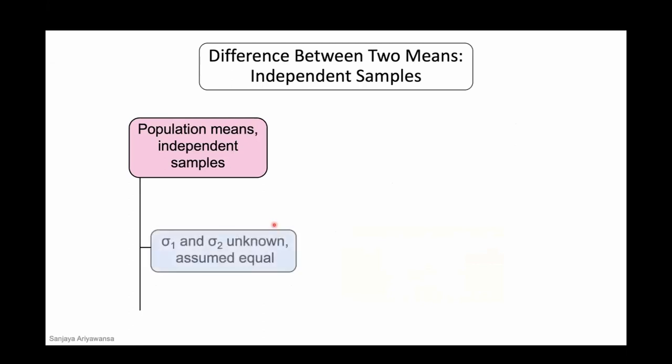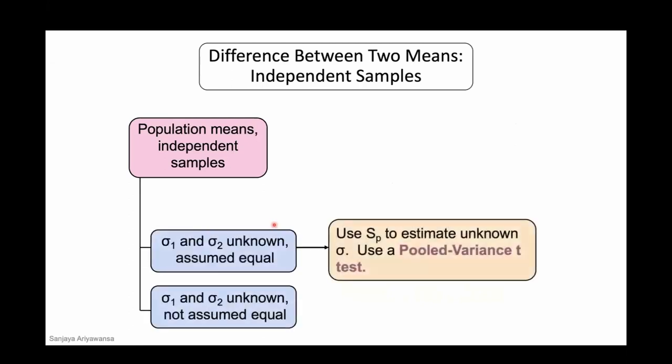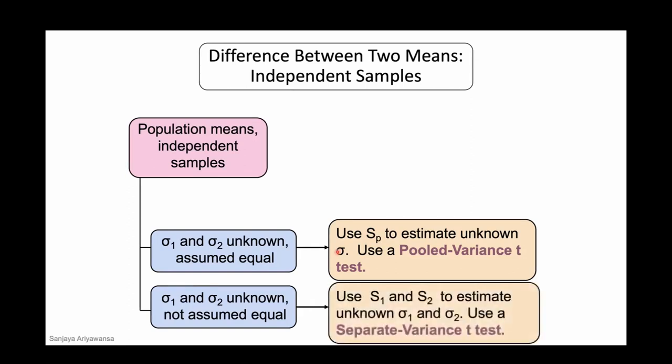So in these two scenarios, we are going to use something called a pooled variance t-test. And we are going to use the pooled sample standard deviation SP to estimate the population standard deviation which is not known. And in the other case, we're going to use S1 and S2 to estimate sigma 1 and sigma 2.